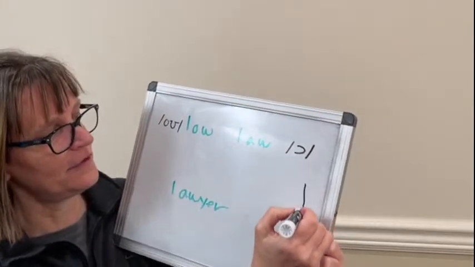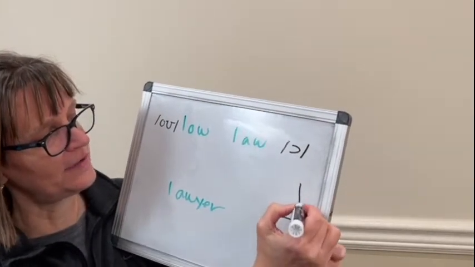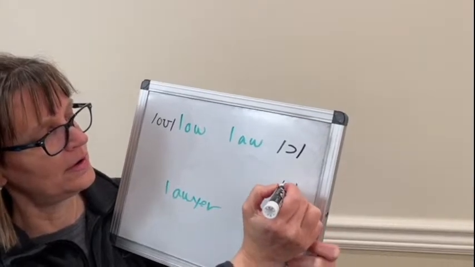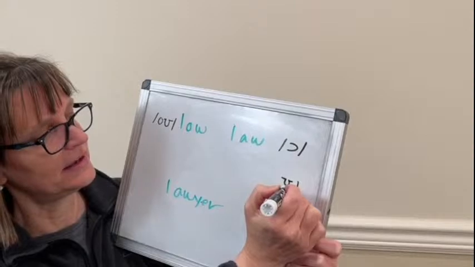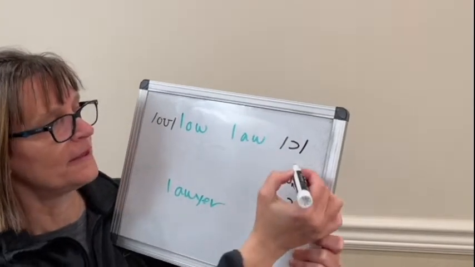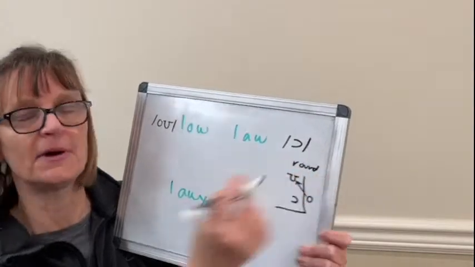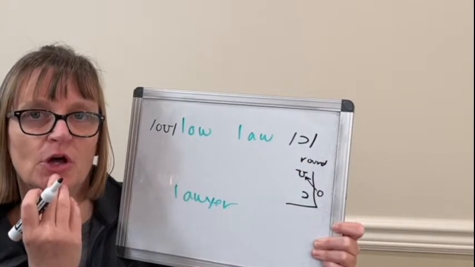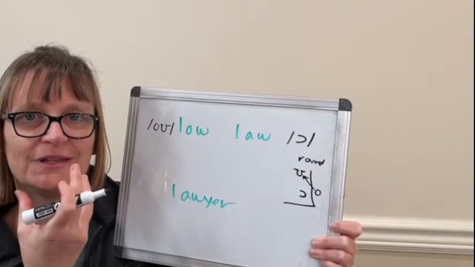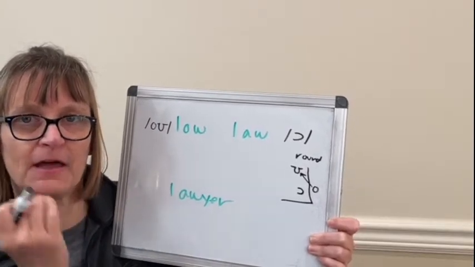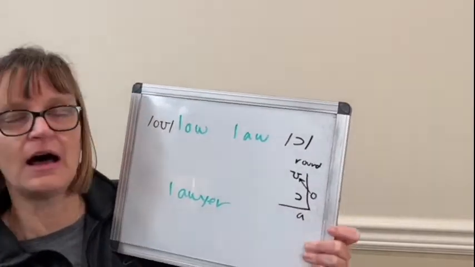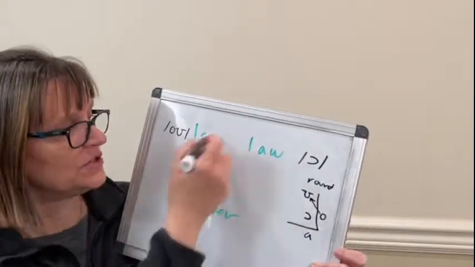So if we have our back corner here, we have our O. Our O is a gliding diphthong, and our ah is a little more open. They're both round, but O is a little tenser, low. Law, because it's a little more open, it's also a little less rounded than the O. And then we have our ah that's all the way open and not rounded, which is not in either of these words.